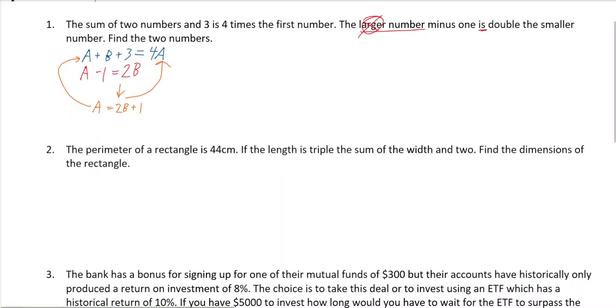So it would be 2b plus 1 plus b plus 3 equals 4, and then a, which is 2b plus 1. Okay, now we're going to slowly rearrange this and solve for b. So there are 3 b's on this side and 4, and this is 8 b's on this side plus 4.